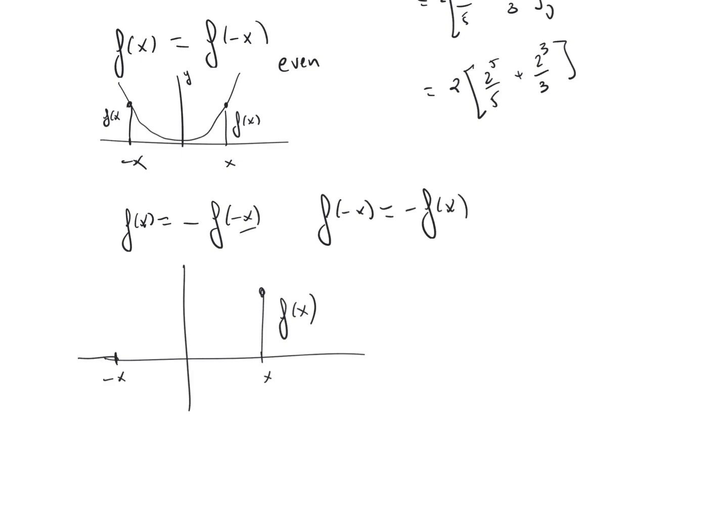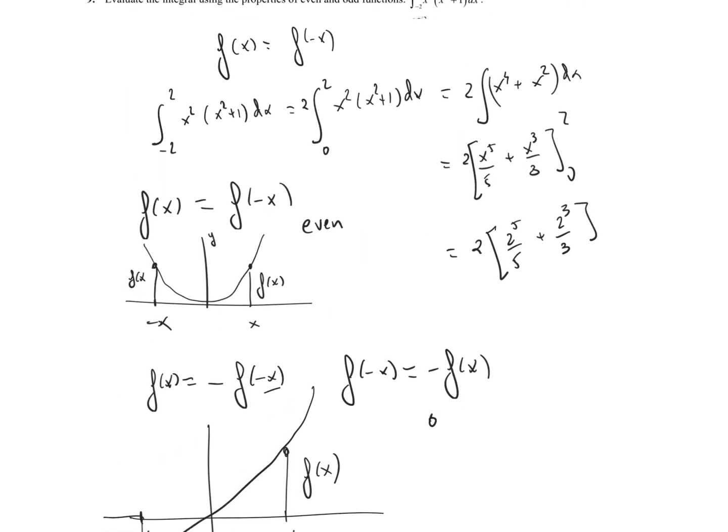So if f of x is positive, f of minus x is negative. So the function is an odd function. For example, x cubed is an odd function. Okay?